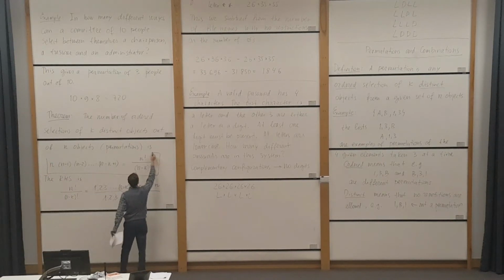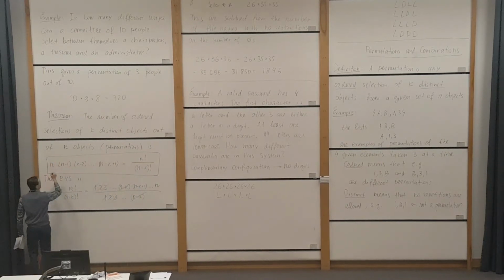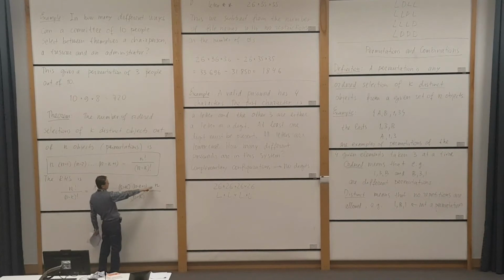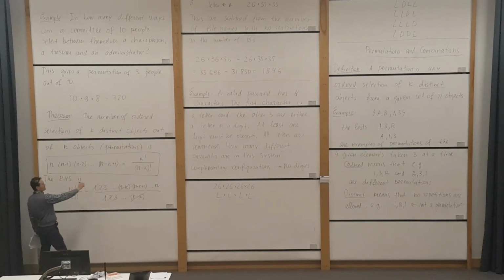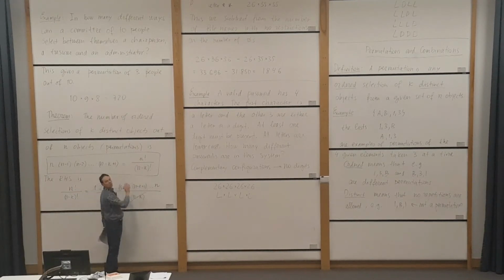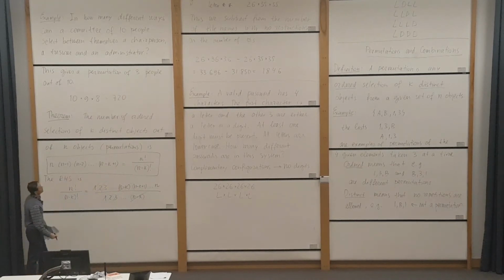I'll box it. That's what we're discussing. It's just the factor, because in the first formula I have n first and then smaller numbers, while in this formula I have n minus k plus 1 first and then larger numbers up to n. But those are all the same factors. Okay, so it's just another way to write more compactly this product in terms of factorials.